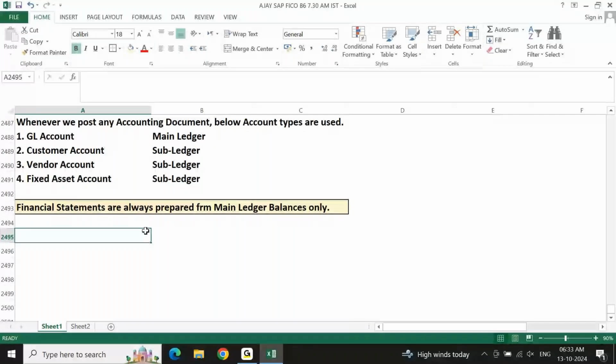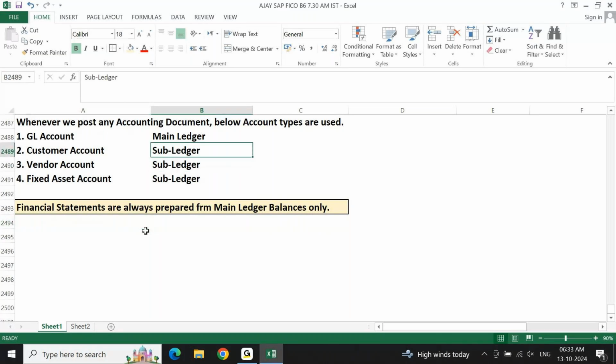If we are not considering this, how is our trial balance matching, how are we able to prepare proper P&L statement, how are we able to tally the balance sheet is a question. Now, here we are mentioning we will be considering only the main ledger balances, which means every subledger will have an underlying main ledger, or every subledger is having an interconnected or assigned main ledger to it.